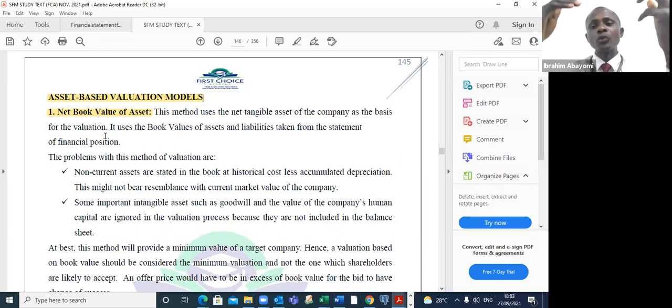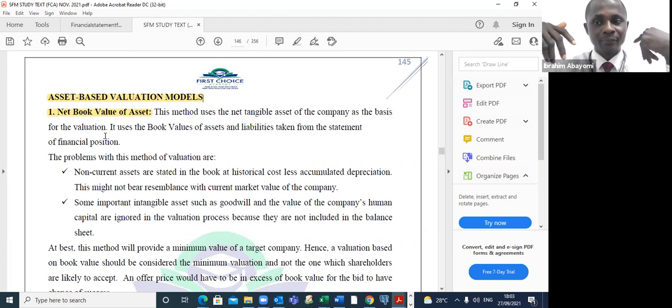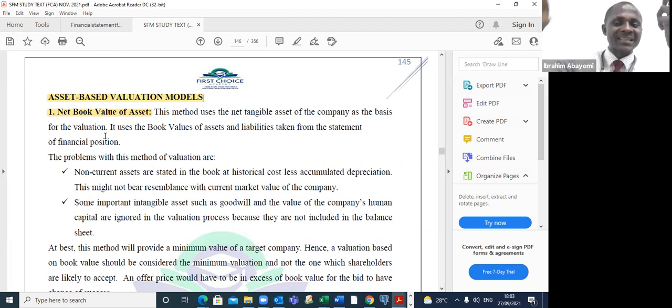Now, if I want to use the asset-based approach, I can use several bases as well, because the asset of a company will have different values. You can have book value, you can have market value or realizable value, you can have break-up value, you can have replacement cost.